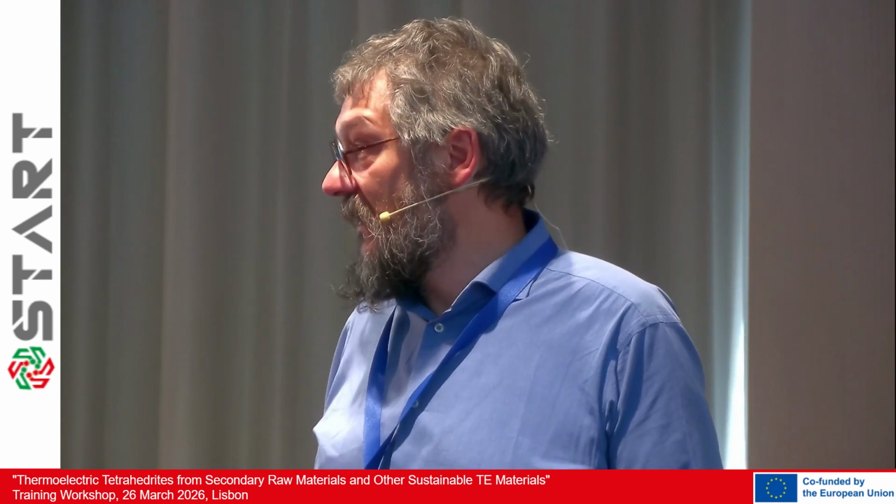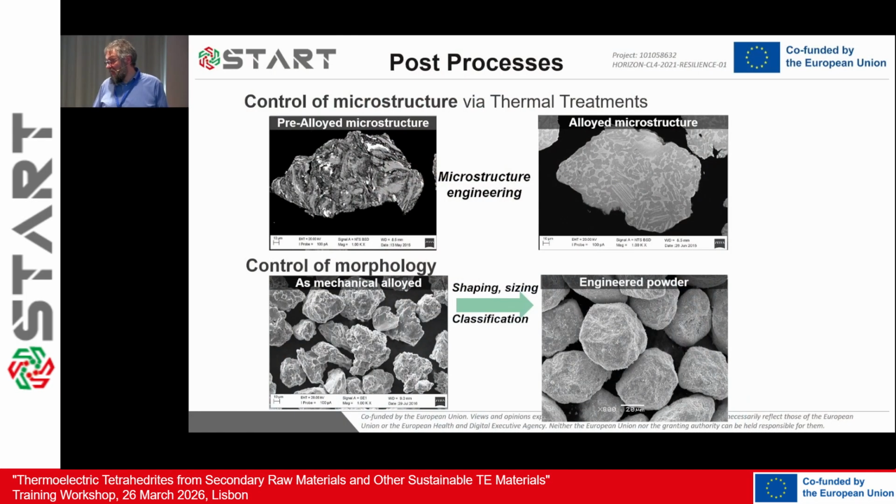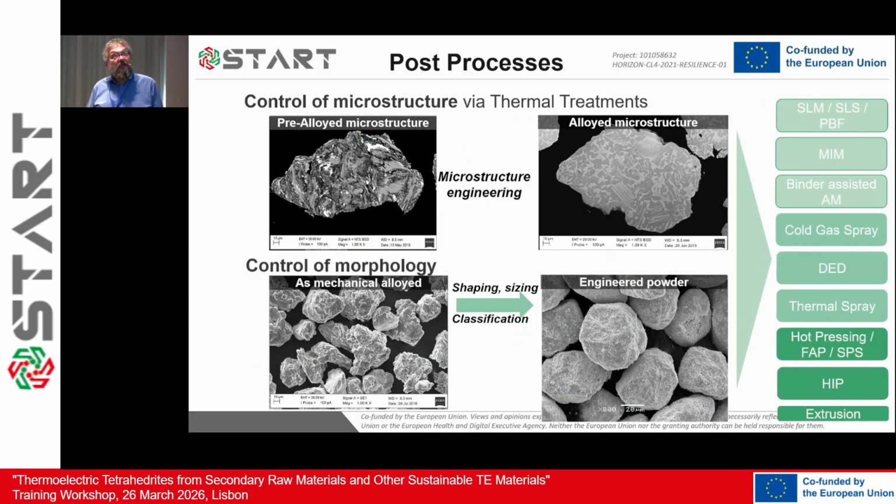These are also considered for standard bismuth telluride production: homogenization steps with annealing on the powder to completely form the final phase, if it is not yet formed during the ball milling, or some control over the morphology if it is needed for the downstream consolidation processes, which could be many.